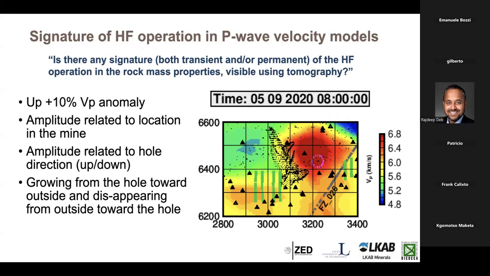As I showed you in two cases, in one case it's a sharp and intense anomaly. In other cases, it's not that intense. And the amplitude is related to the hole direction. So when we were looking at upward hydrofracturing holes, we had mostly no VP anomaly in the model.